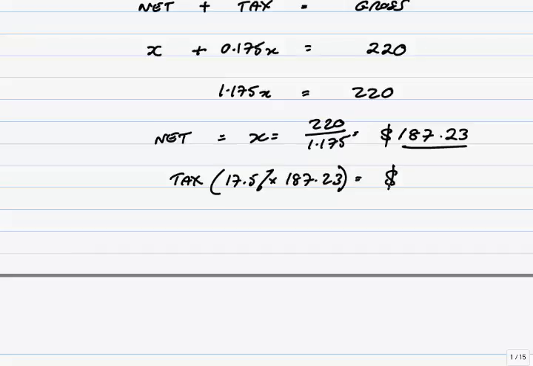And so how much is the tax? You should have got $32.77. And I won't write down, but I can do in my head. Add them together. It does come to 220. All right.